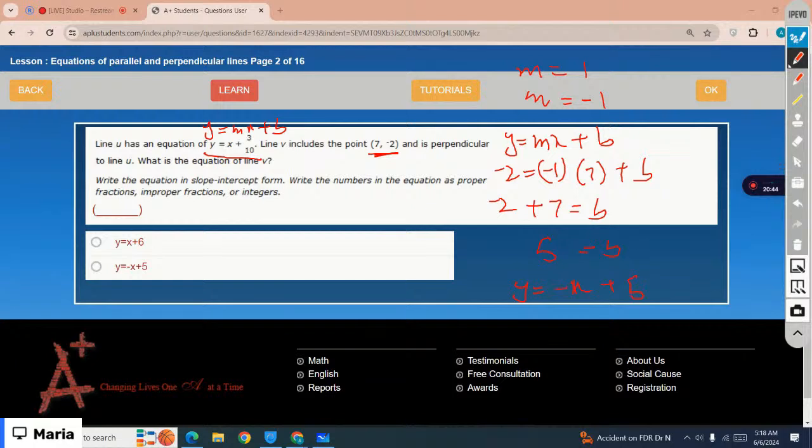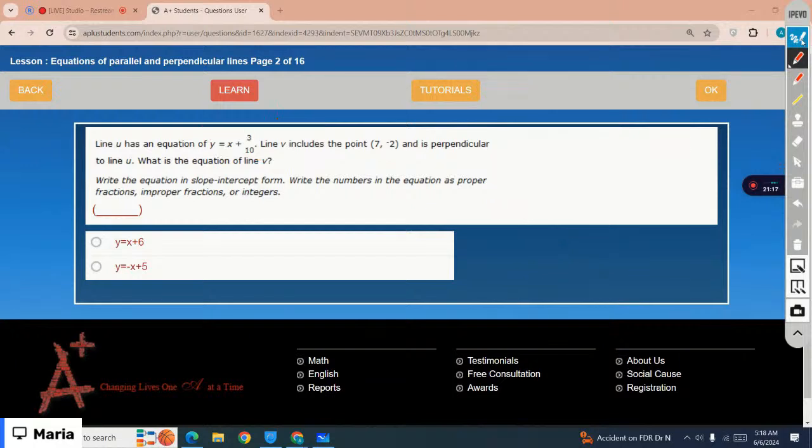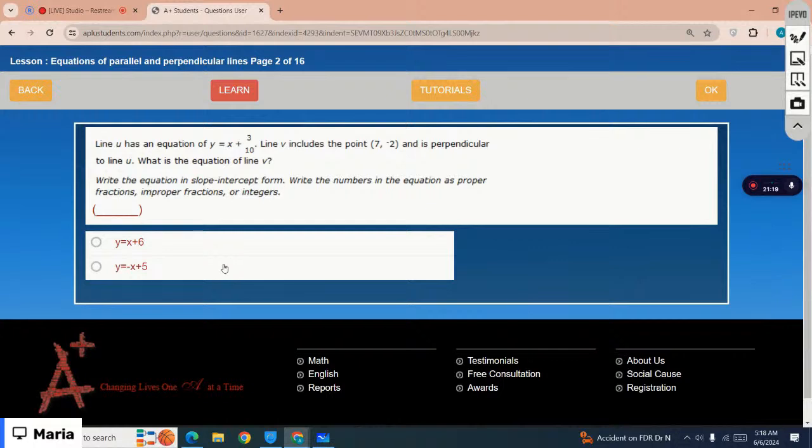Option number 2 is the correct option. That is y equals negative x plus 5.